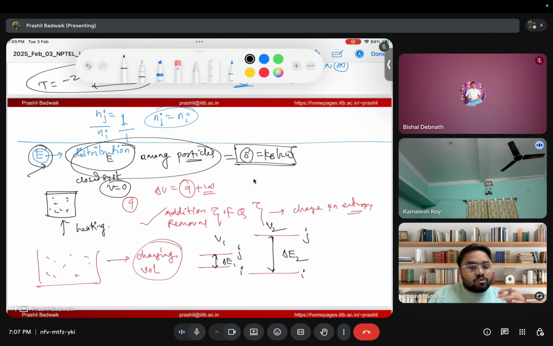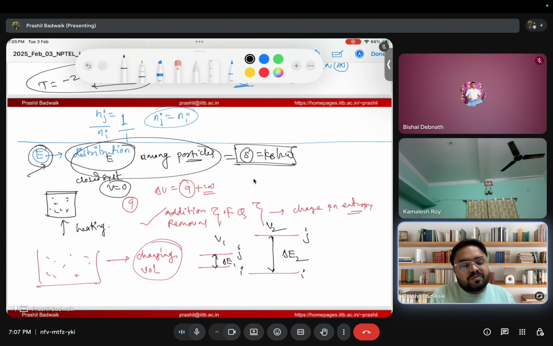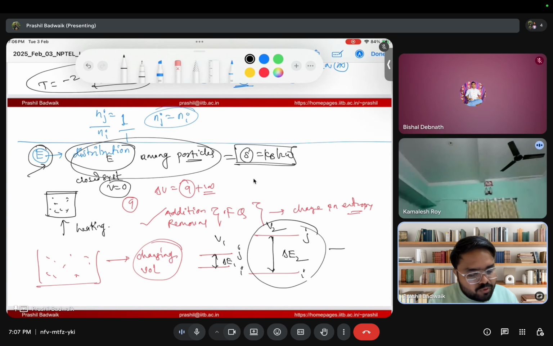But if I'm having those two students in a district, they can go to any other location, right? So the energy difference between two energy levels will be higher. And if the energy levels are being changed, that means I am doing work on the system.